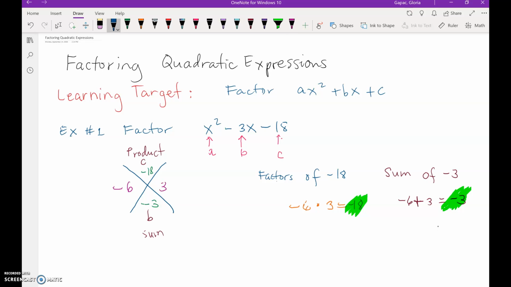And writing out the factors, for the factors of x squared, that would just be x multiplied by x, and then the numbers that we found right here, negative 6 and 3, will have minus 6, and then plus 3. And these are the factors of x squared minus 3x minus 18.